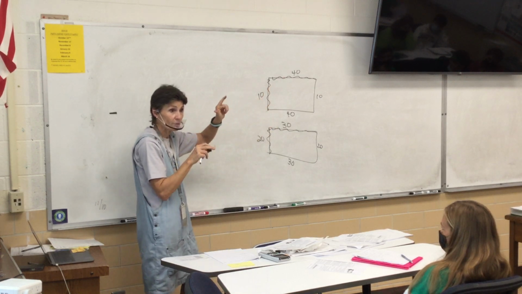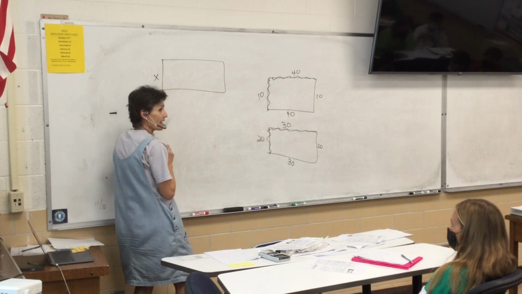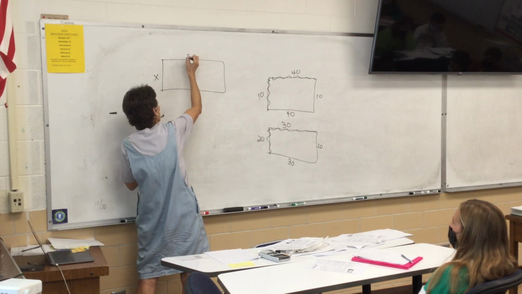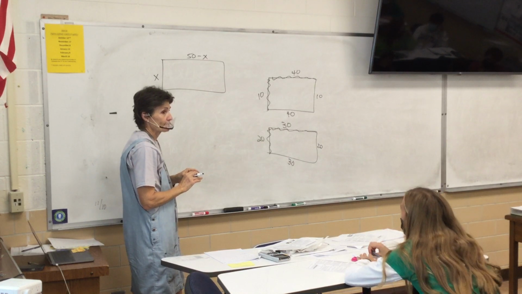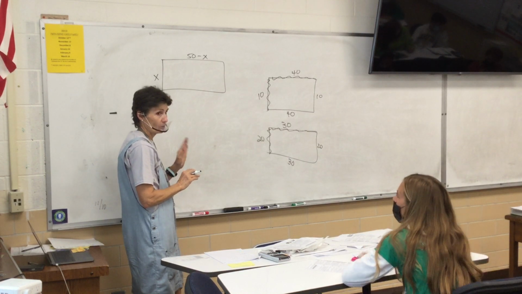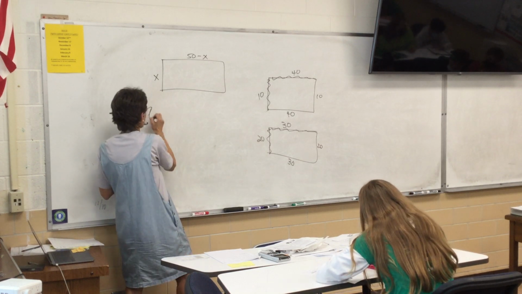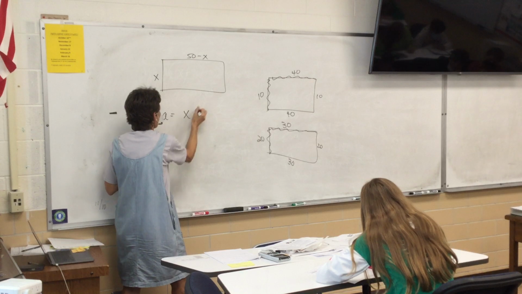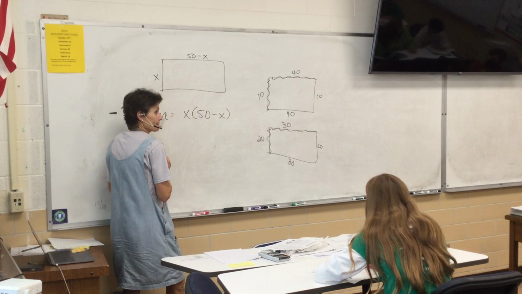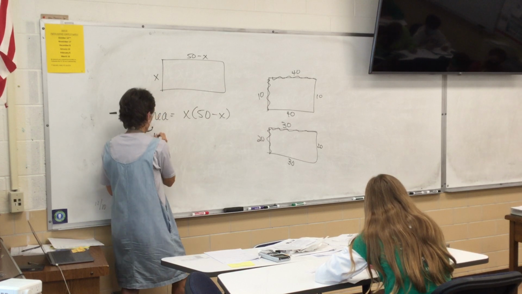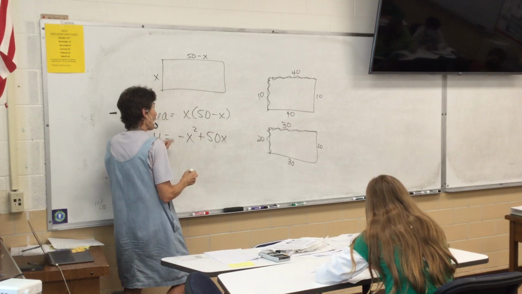So if we do this generically and say that's x, doesn't this have to be 50 minus x? Everybody on board so far? So the area will be x times (50 minus x), or negative x squared plus 50x if I distribute.